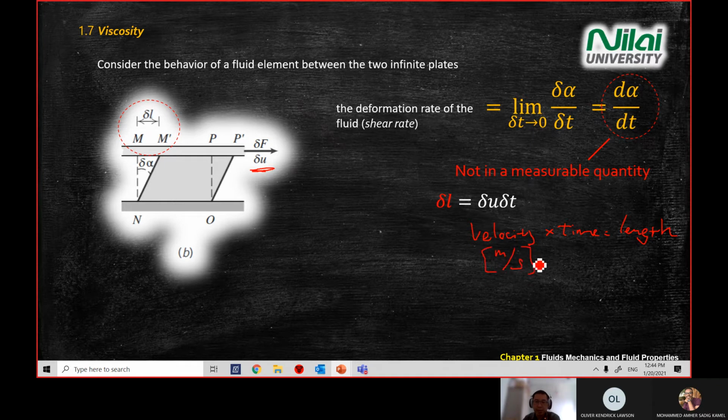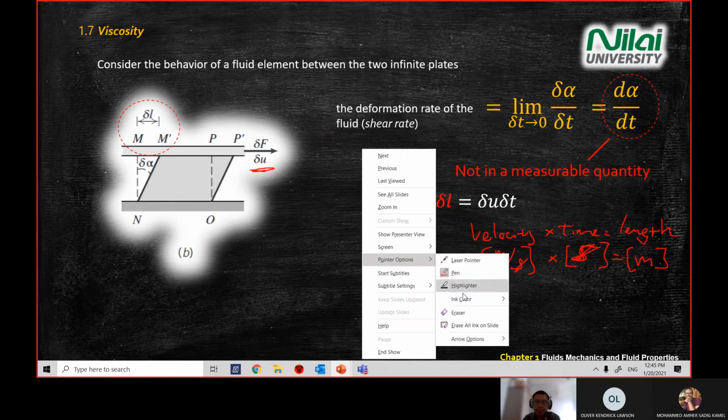Again, dimensional analysis, this one you'll see in chapter 5. Times time in seconds, you'll cancel the time. You'll get meter unit. So this is how you find it. To find the length, we make full use of the velocity and the time. So we get this term.